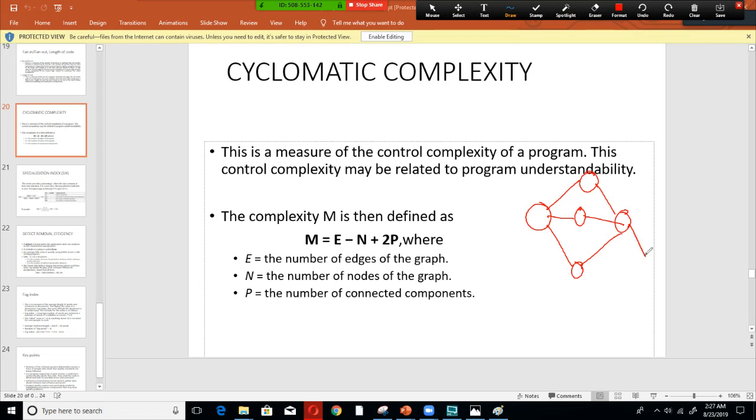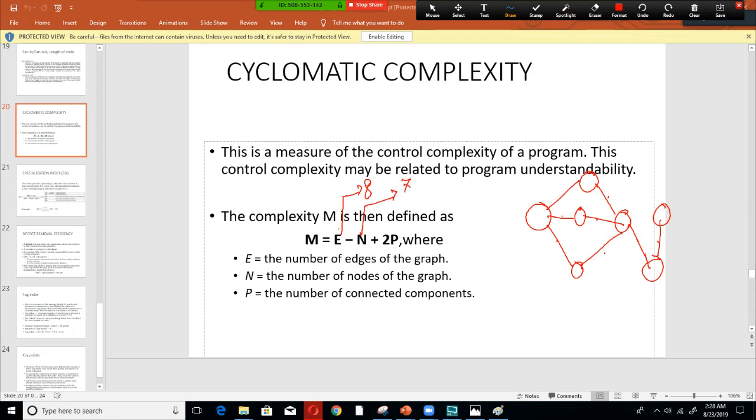So how many edges do we have? E is the number of edges. So here we have 1 2 3 4 5 6 7 8, 8 edges. And how many nodes do we have? We have 1 2 3 4 5 6 7, 7 nodes.